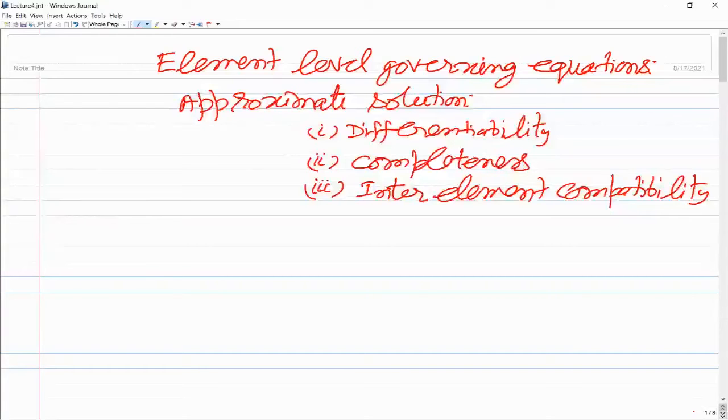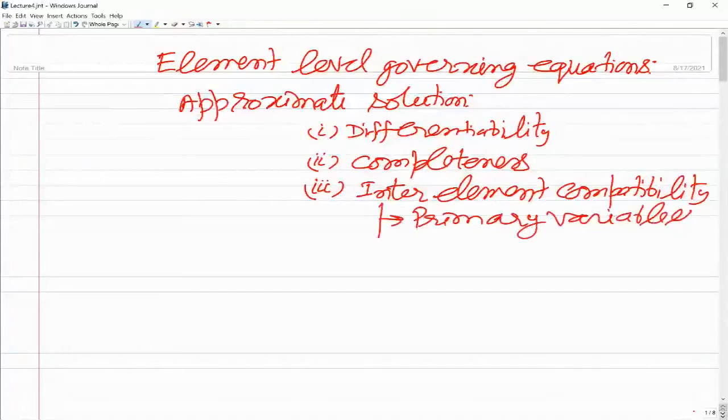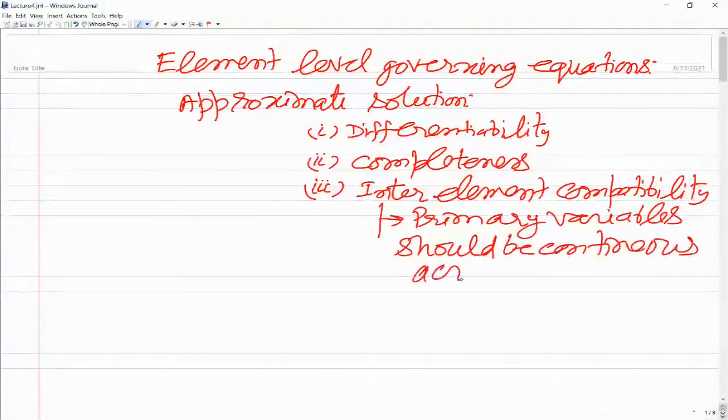And the inter-element compatibility is that primary variables should be continuous across the elements.